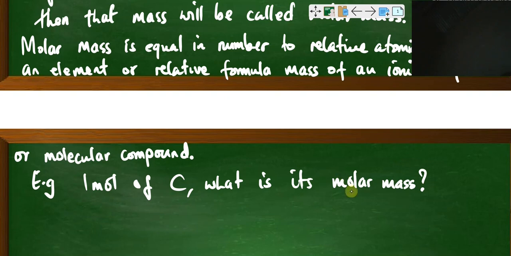According to the statement I've put, the molar mass of carbon will be equal to the relative atomic mass of carbon. You see, on the periodic table, carbon is written like C. Here we have 6, here we have 12.